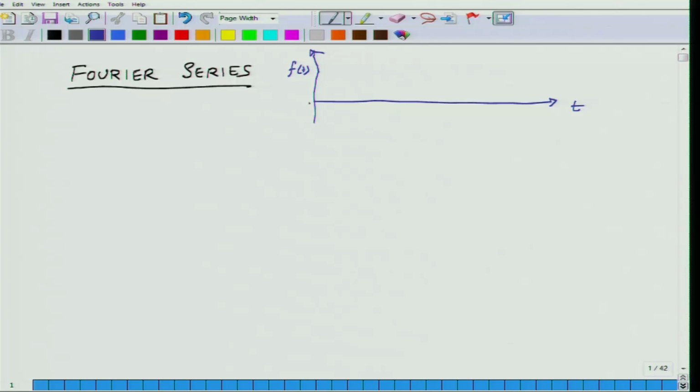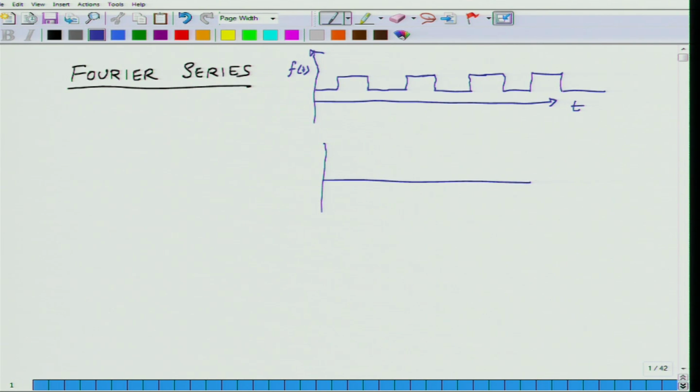Now this function could be a periodic function. For instance, this is a periodic function, or it could be a non-periodic function.